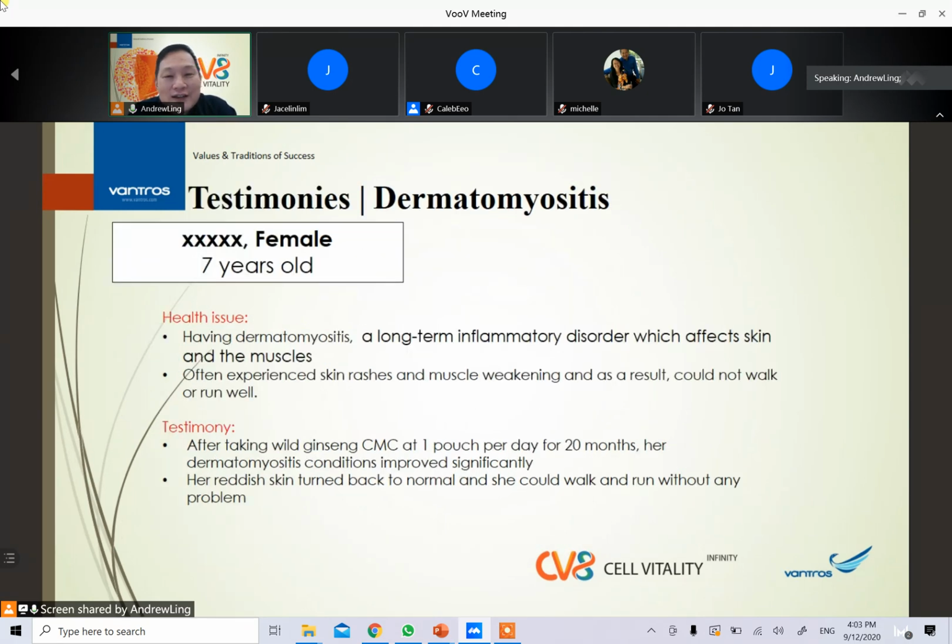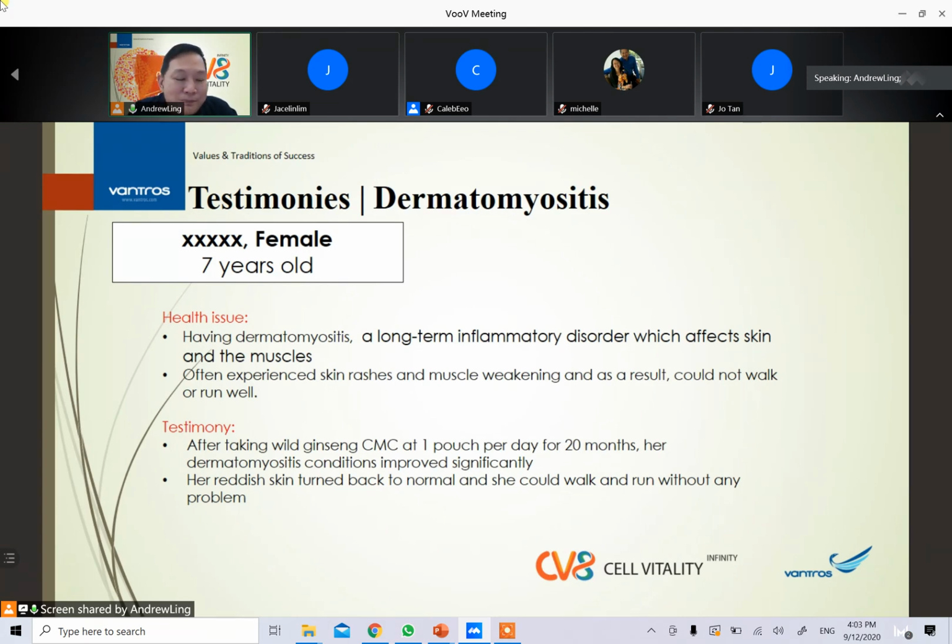And another testimony is on dermatomyositis. It's really hard to pronounce this. This particular test subject is a female, 7 years old, just a little kid. She has been suffering from this long-term inflammation disorder, which affects not only the skin but, if it is more serious, the muscles as well.